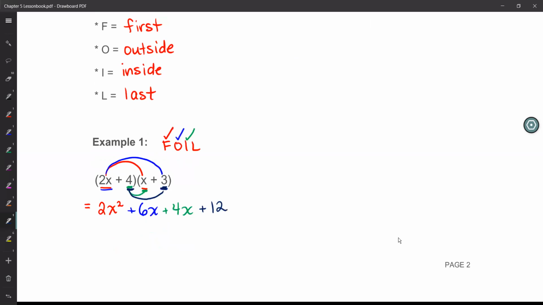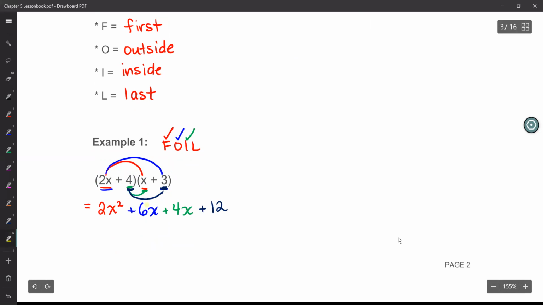So essentially what this means is that the 2x needs to be multiplied by both terms in the second bracket, and also the 4 will need to be multiplied by both terms in the second bracket as well. So in the end, we've actually multiplied every single term by one another. Okay, and then we're just going to collect like terms.